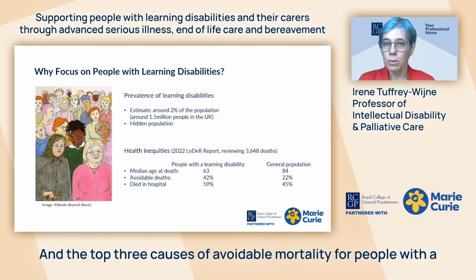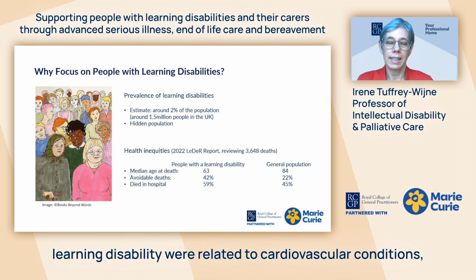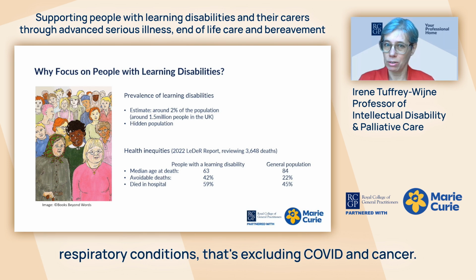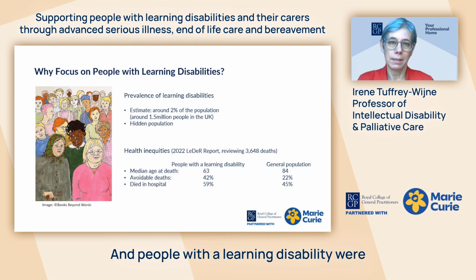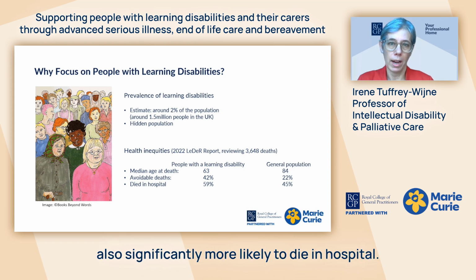The top 3 causes of avoidable mortality for people with a learning disability were related to cardiovascular conditions, respiratory conditions, that's excluding COVID, and cancer. And people with a learning disability were also significantly more likely to die in hospital.